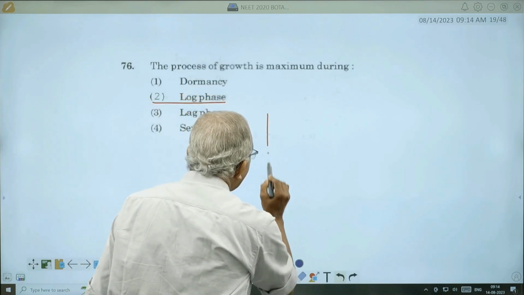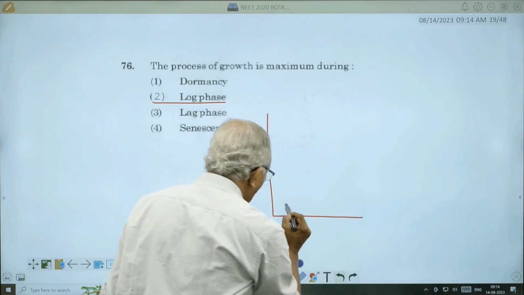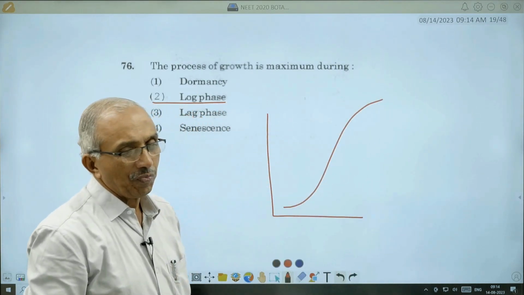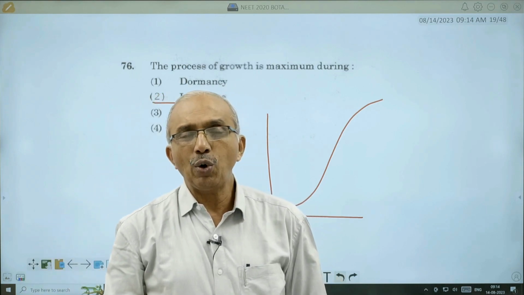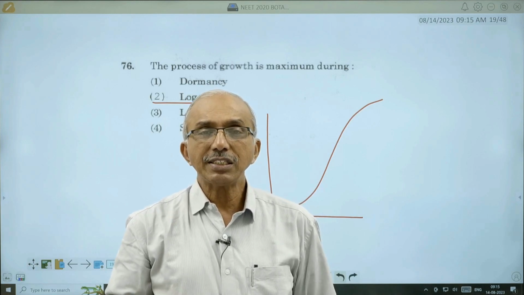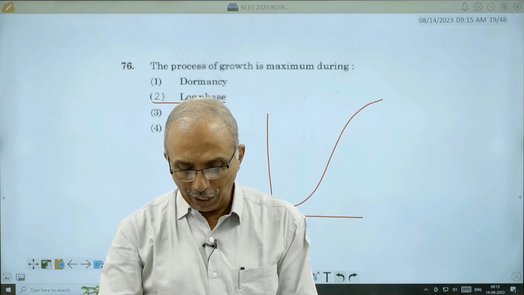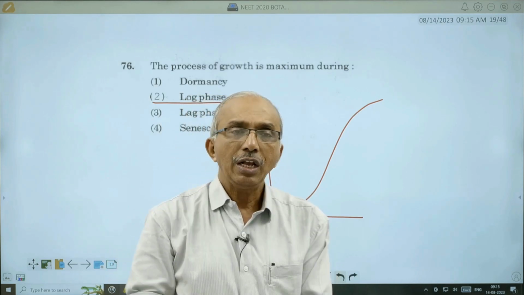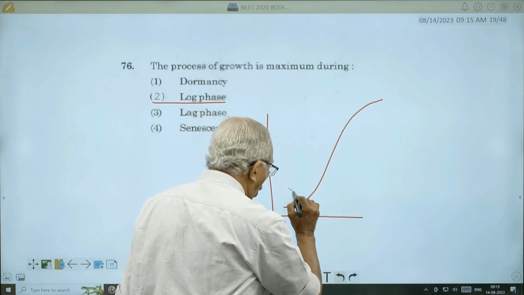In geometric type of growth, the growth curve is a sigmoid curve, that is an elongated S-shaped curve.